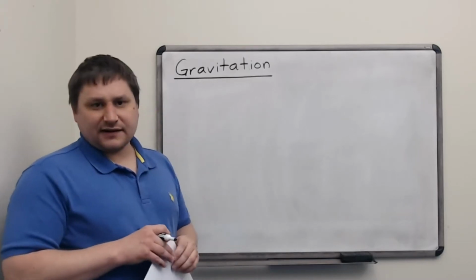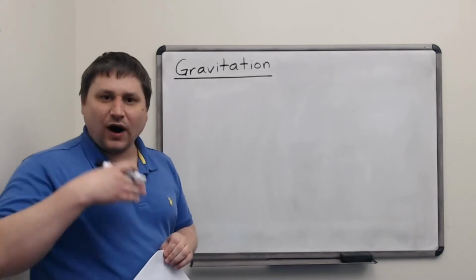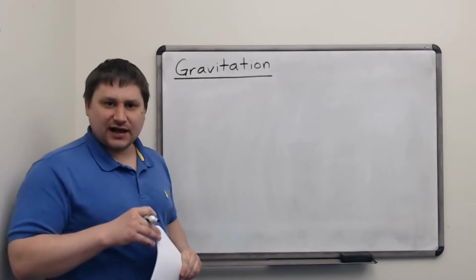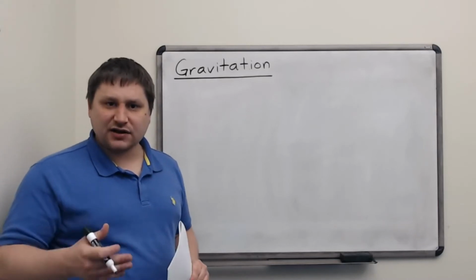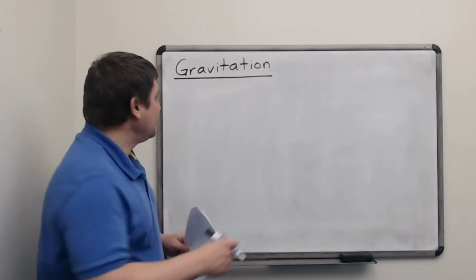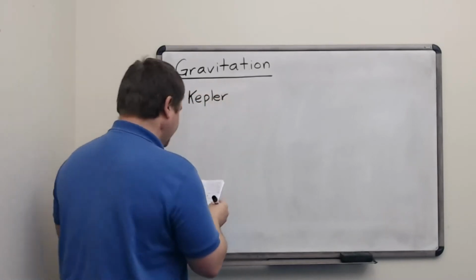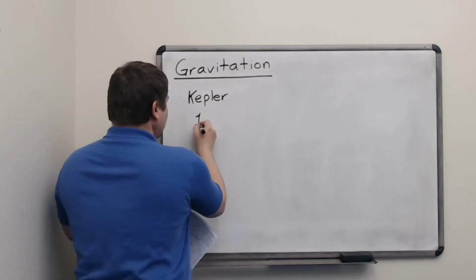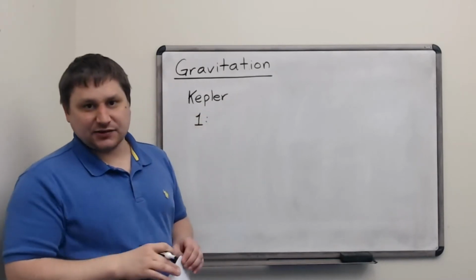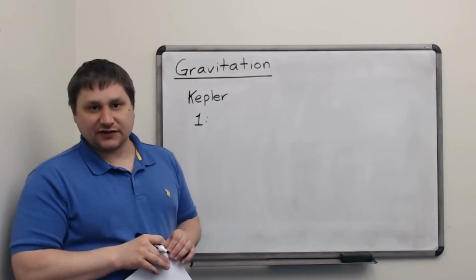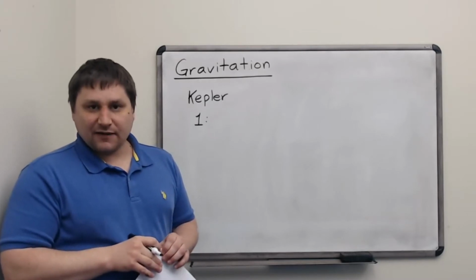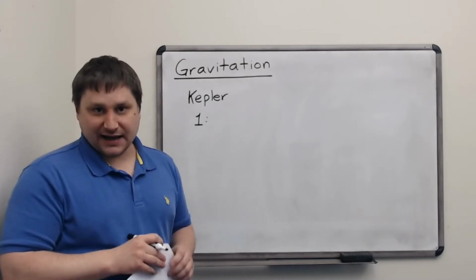But it begins in an effort to understand why the planets moved in the way that they do. And the first one to give a good quantitative model was Johannes Kepler. Kepler had access to a large database of observations made very accurately by Tycho Brahe.